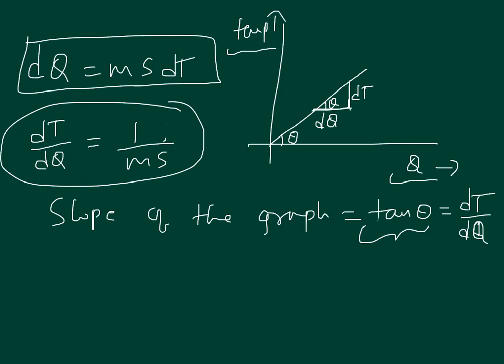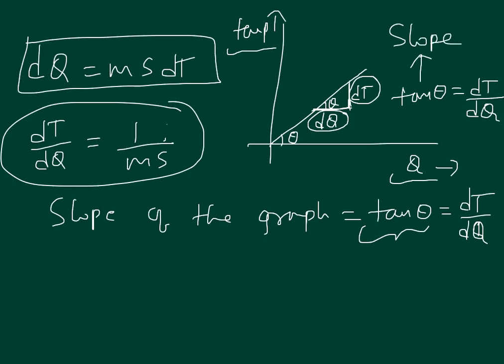If you take a small part of the graph, the difference in temperature is dT and the heat energy is dQ. What is the slope? Slope is nothing but tan theta. Tan theta means opposite by adjacent. Opposite is dT, adjacent is dQ. Tan theta is nothing but the slope.